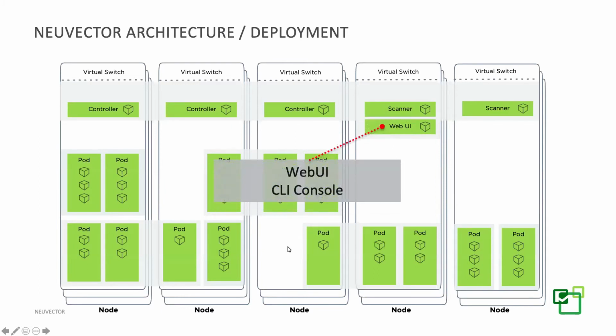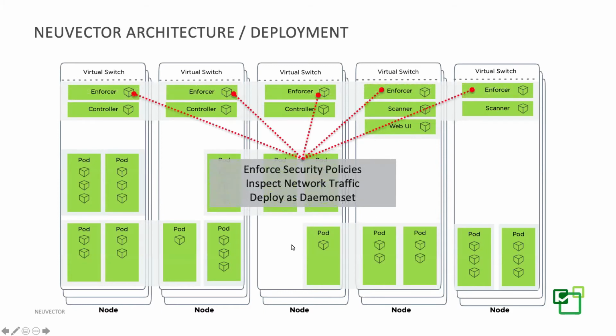There's a web console, which actually uses the REST API to get its information from the controller. And then the real workhorse of NeuVector is a container called the enforcer. That's going to provide the heavy lifting, the packet filtering on every host for every pod connection, monitoring every process and file activity in every container, as well as on the host itself.